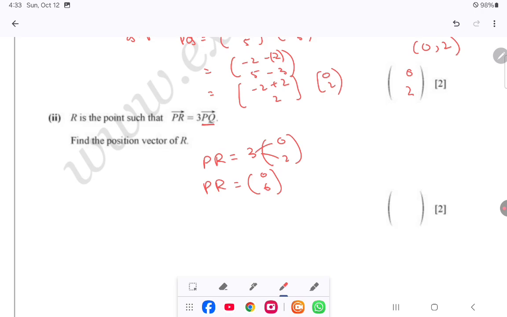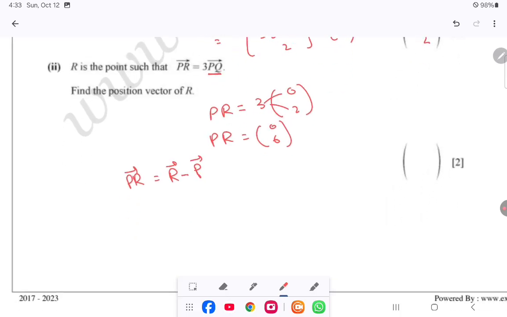Now for the PR again, PR is simply R vector minus P vector. We have to calculate the R, arrange it for R, and PR is already here. We just calculated it.